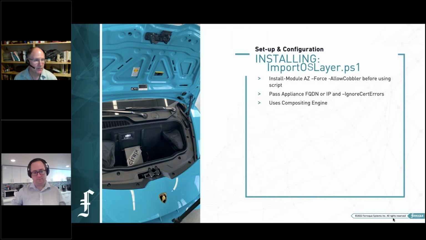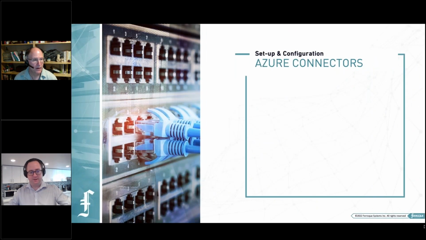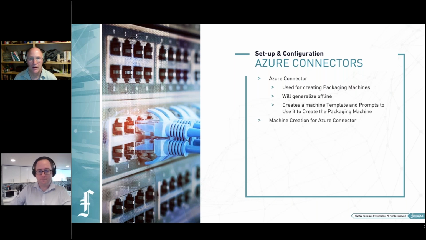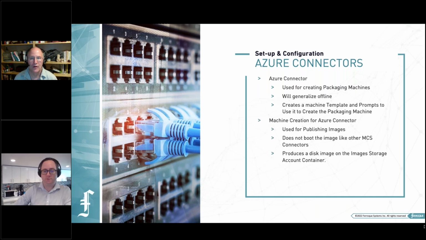Thanks. Okay, great, thanks. So let's talk for a minute about Azure connectors. There's two connectors we'll configure in the ELM for use in Azure. The regular Azure connector will be used for creating our packaging machines and creating our templates.